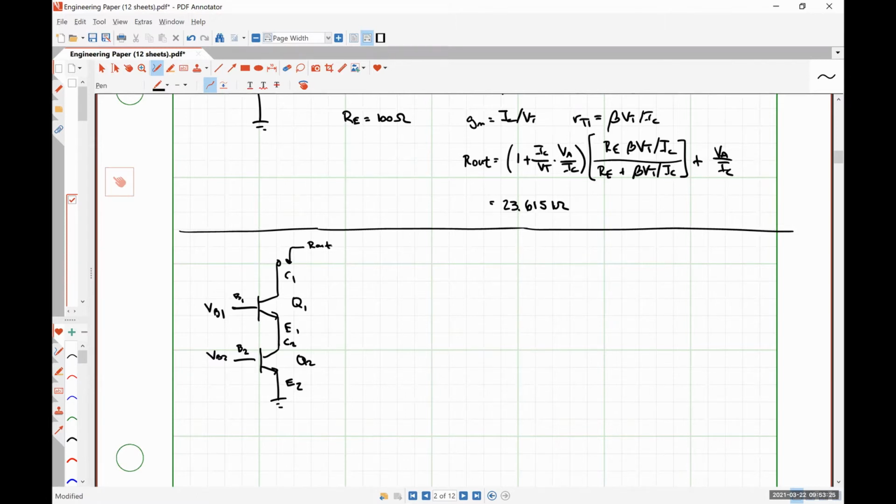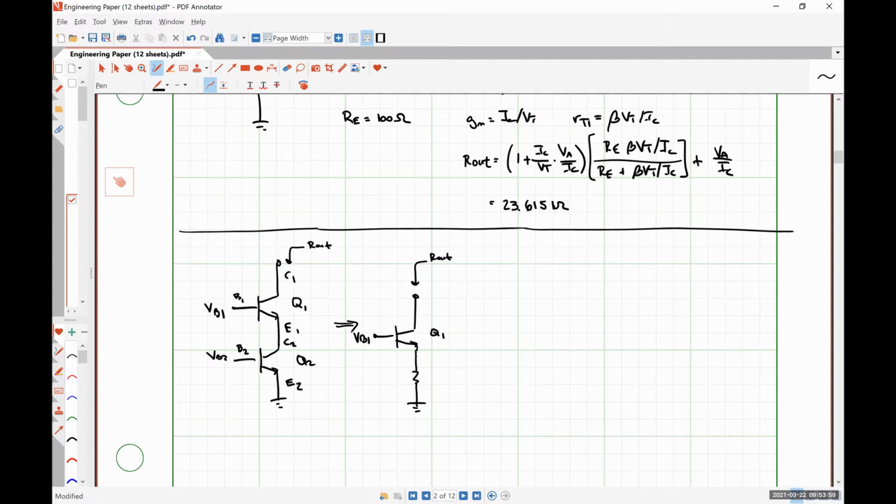The simplest way to look at this, or at least in my opinion, is like so. If I can draw to save my life today. So here's Q1, VB1.